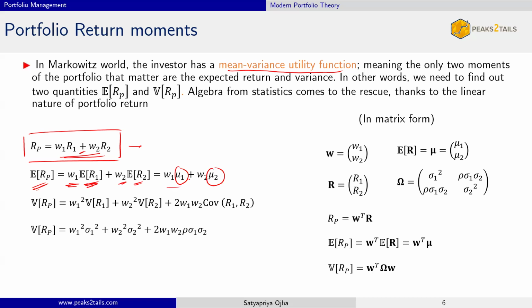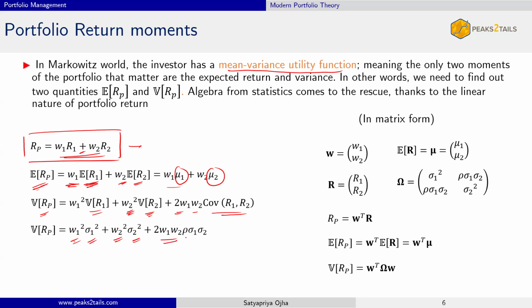Okay. Similarly, the variance formula. Remember the previous formula, right? Alpha square variance of x plus beta square variance of y plus 2 alpha beta times covariance of x comma y. Exact same thing. There is no change. So you get W1 square variance of R1, sigma 1 square, plus W2 square sigma 2 square, plus 2 W1 W2 covariance.